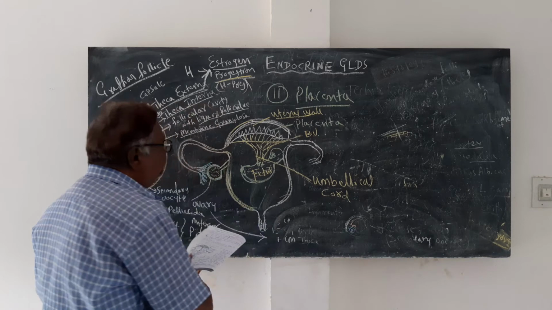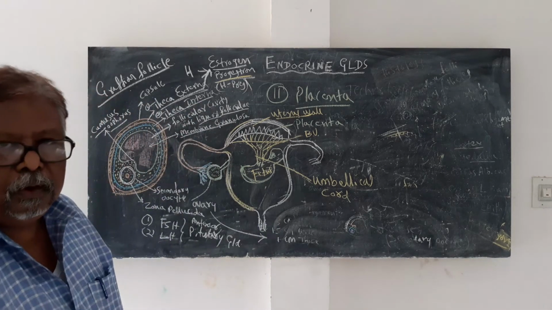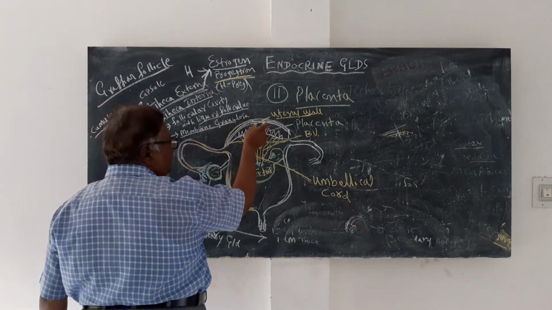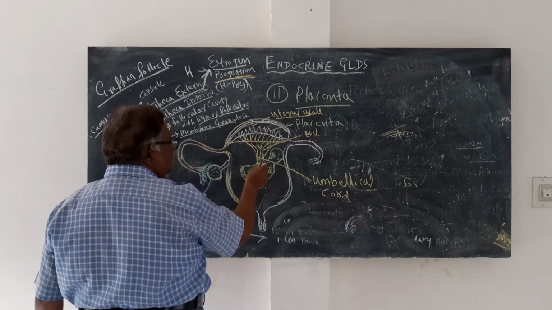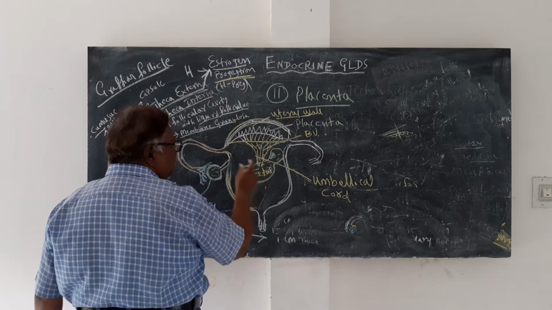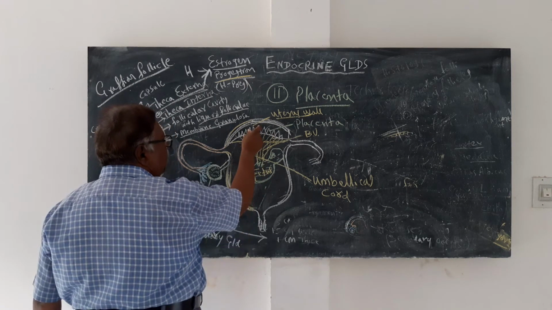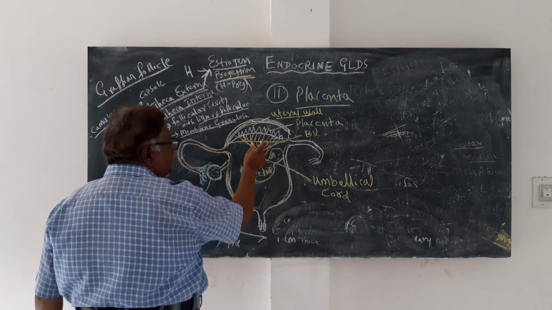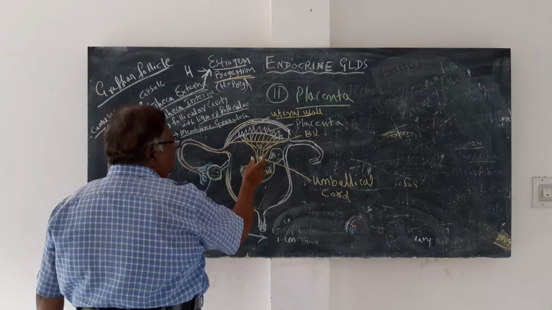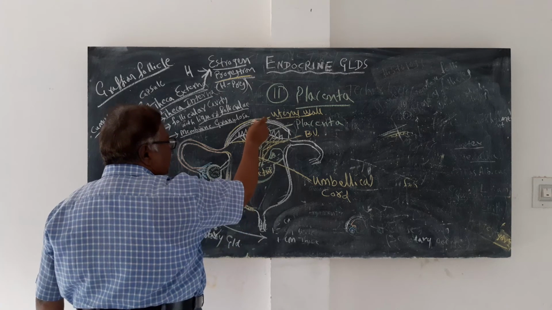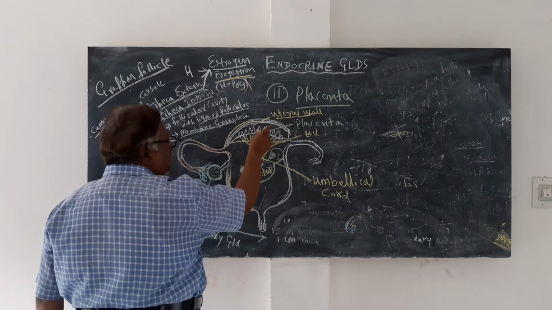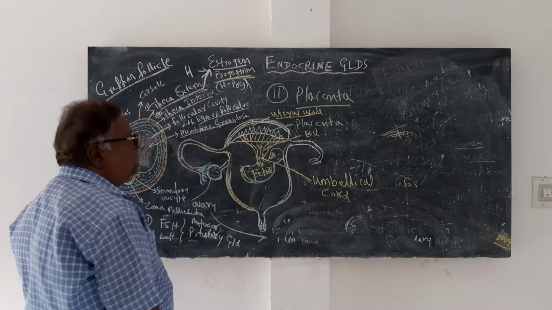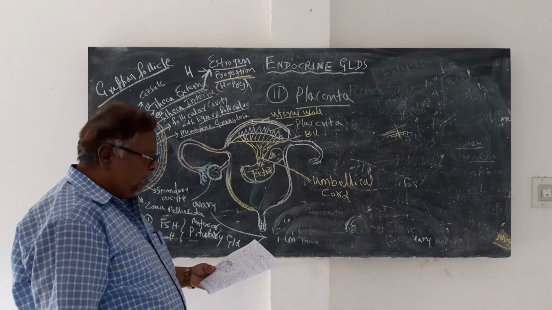Now, the placenta is an organ which is a part of the uterus or the mother and a part of the developing fetus also. The fetal finger-like structures and the uterine wall finger-like structures unite together to form the placenta. So this placenta is also a very important endocrine gland.